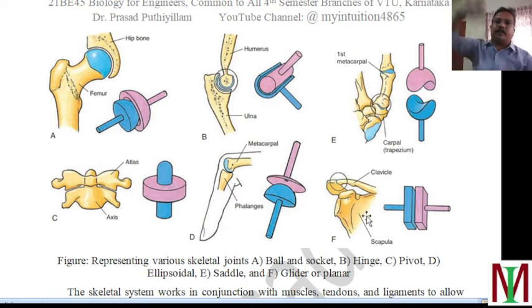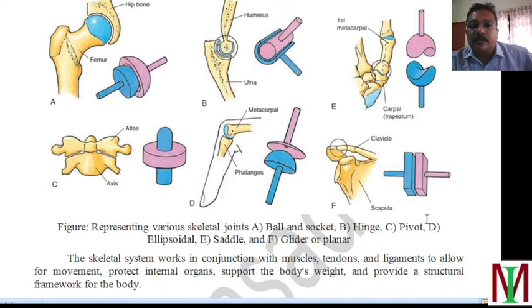I'm not lifting my leg and showing. Wherever possible, you can think what type of joint it is based on the movement, like the different fingers in between.